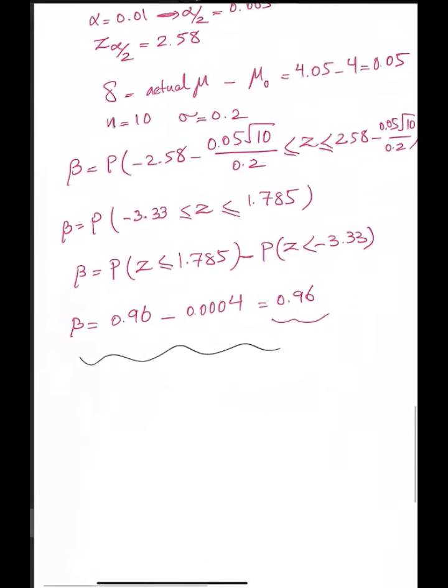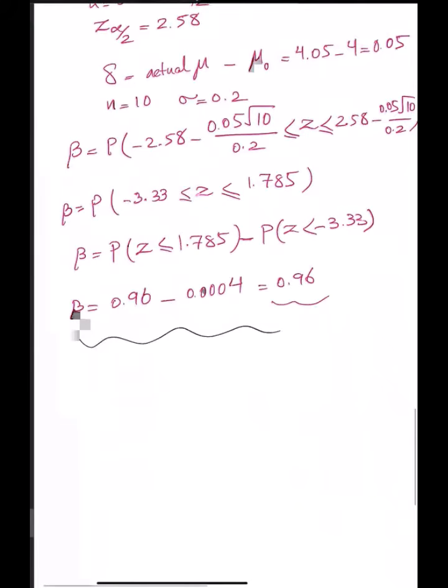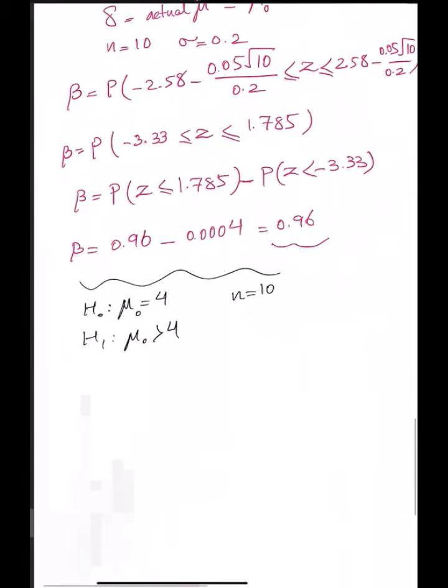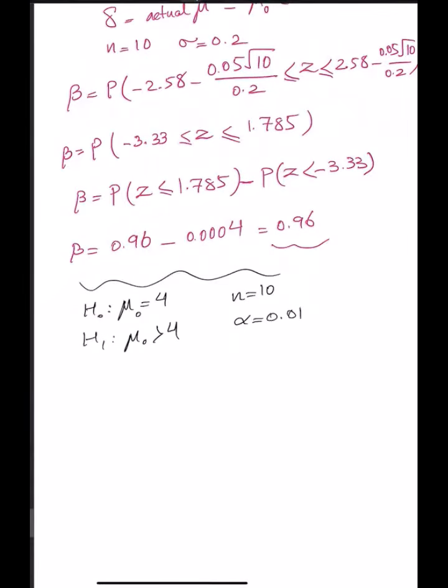Now that we are here and we are working on beta, let's look at the problem in a different way. Let's assume our null hypothesis is that mu equals 4, and our alternative hypothesis is that mu is greater than 4. Again, we are taking a sample of size 10. Alpha, our significance level, is 0.01.